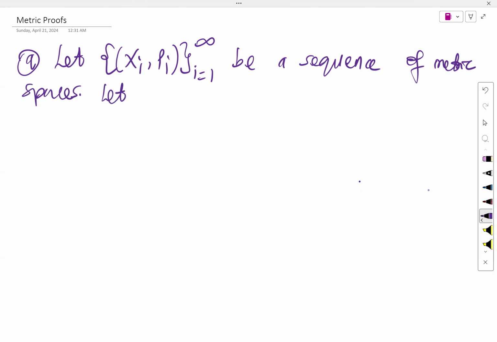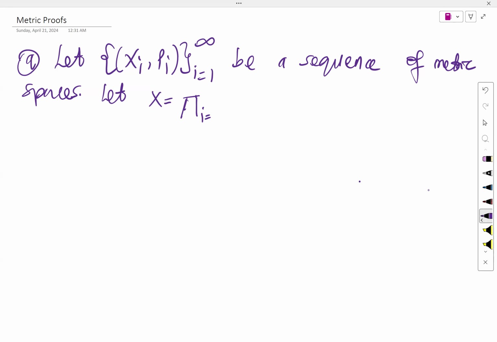Then let X, which is equal to, okay, that's capital pi, right? Something like this. I hope I got that right.